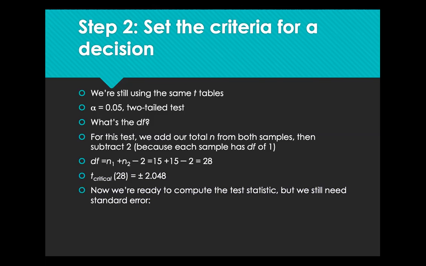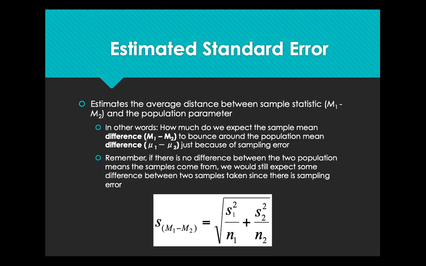And now we're ready to compute the test statistic. We still need standard error in order to compute the test statistic. So the estimated standard error for an independent samples t-test is going to estimate the average distance between the sample statistic and the population parameter.